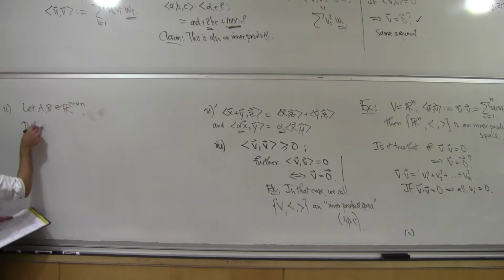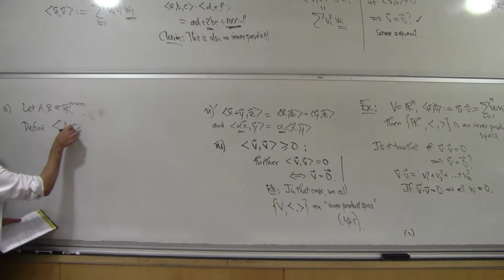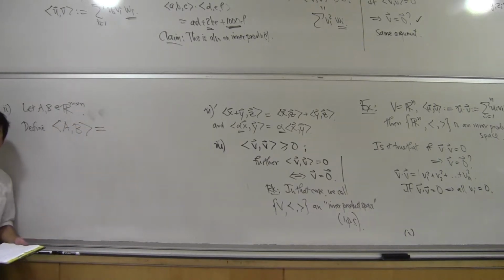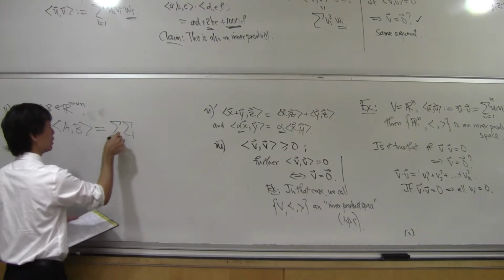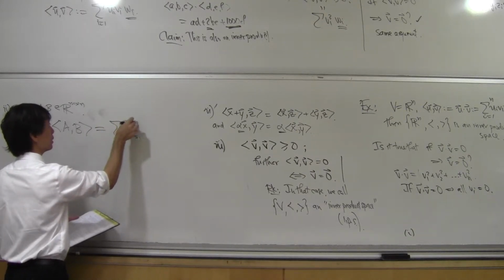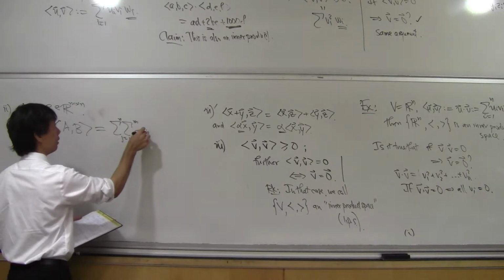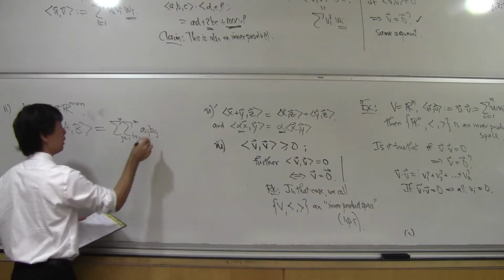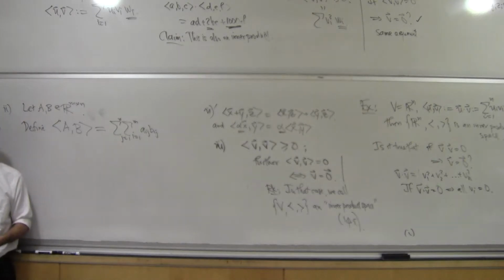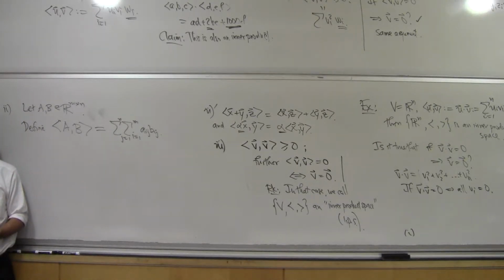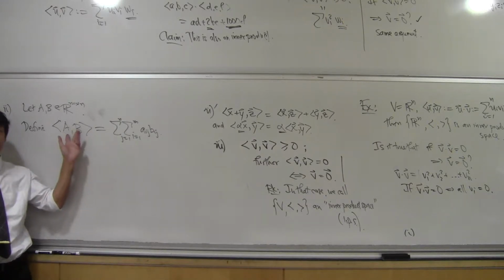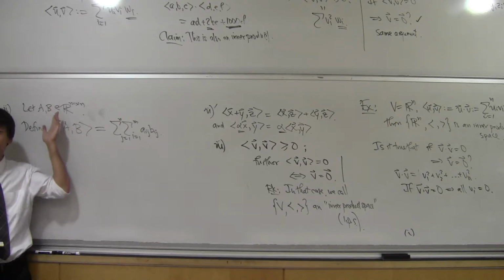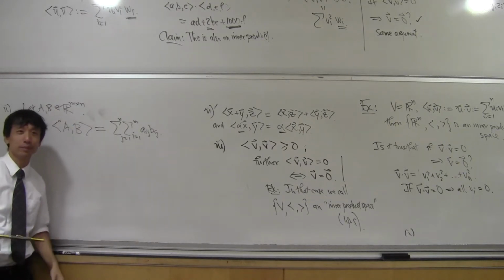Define an inner product on matrices in the dumb way of just taking the sum of all the products of the corresponding entries. It's not interesting. You're basically just pretending that these are long vectors. That's it. That's a dot product, not surprisingly.